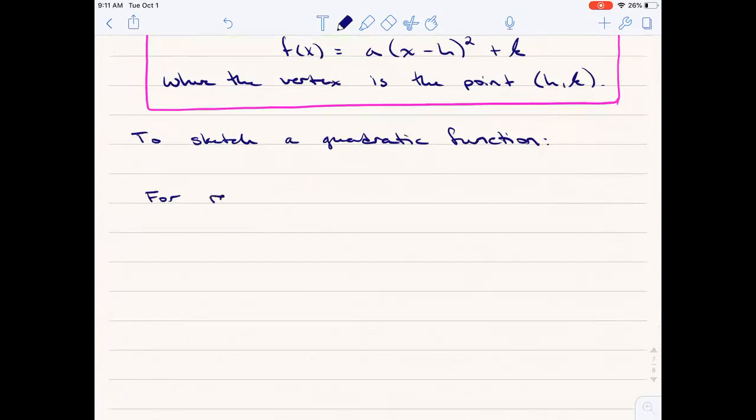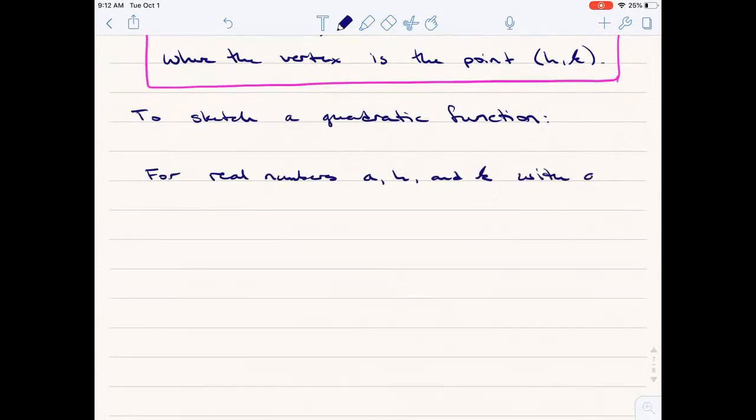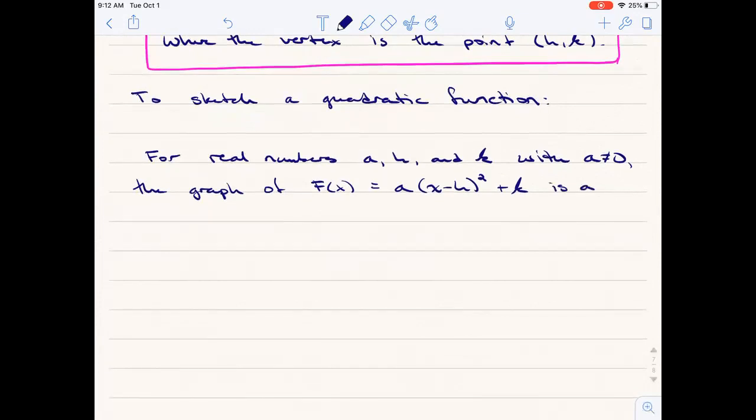So for real numbers A, H, and K, with A not equal to 0, of course, the graph of f of x equals A times x minus h squared plus k, using that same setup, essentially, as before for the absolute value, is a parabola with vertex hk.